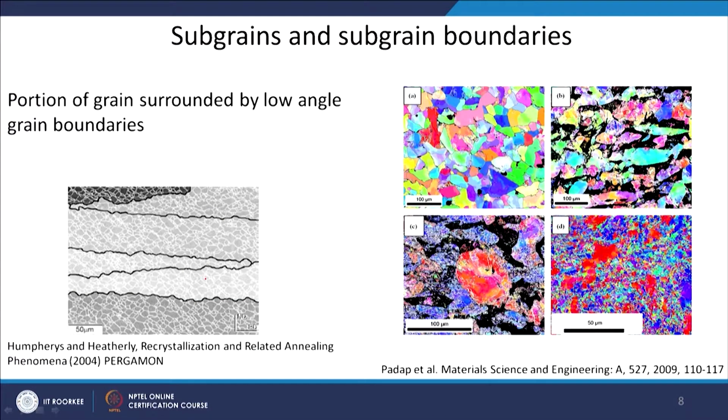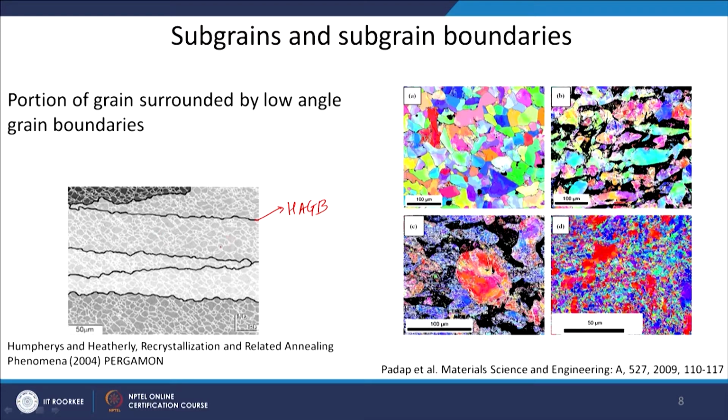As I told you, one is the grain boundary. Then there is another detail of the grain called subgrains. When I call something a subgrain, as you can see, sub means it must be lower in hierarchy than the grain. A grain is the portion of the microstructure which is surrounded by high angle grain boundaries. Within those, as shown in this micrograph, you can see some black lines, and these black lines are high angle grain boundaries.